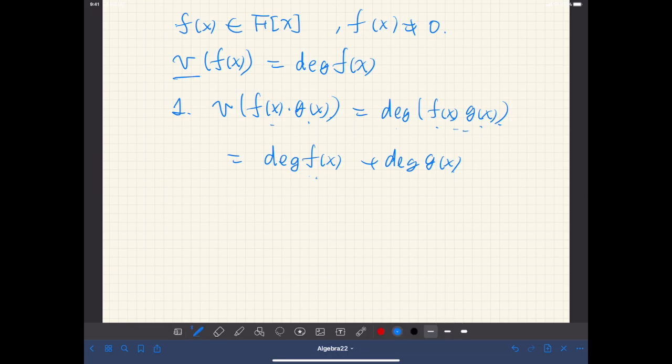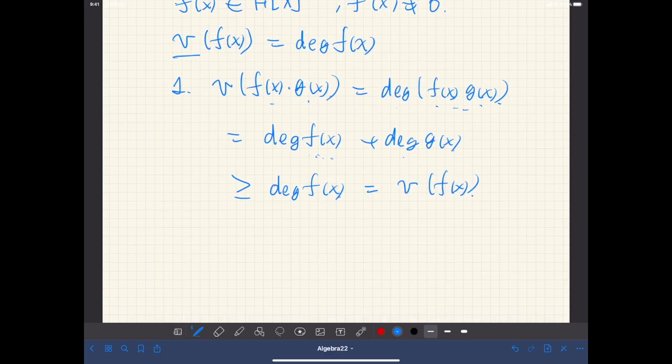So these are integers greater than or equal to 0. Therefore this is greater than or equal to the degree of f of x. But this is by definition v of f of x. Therefore the first condition is satisfied.